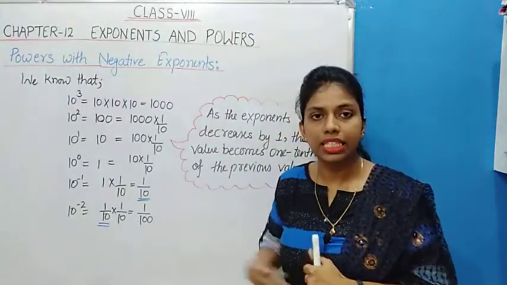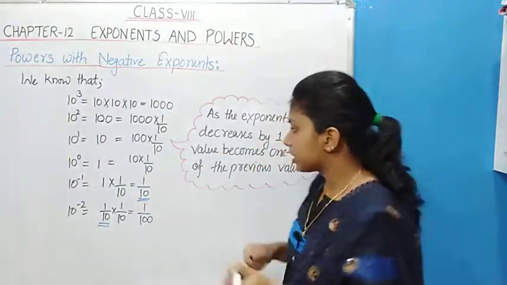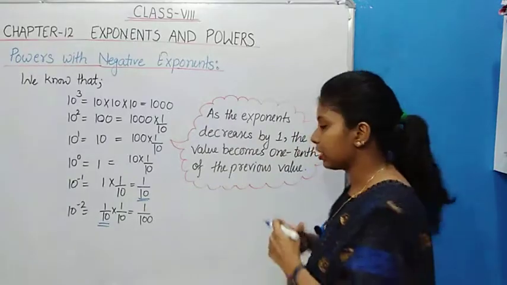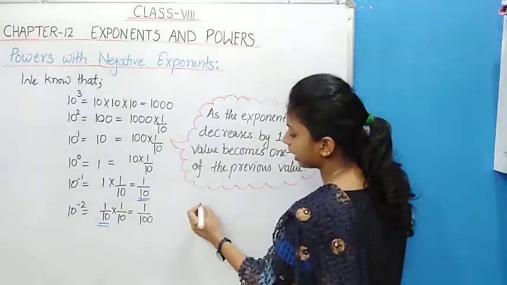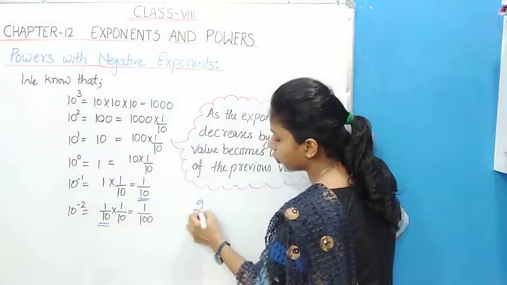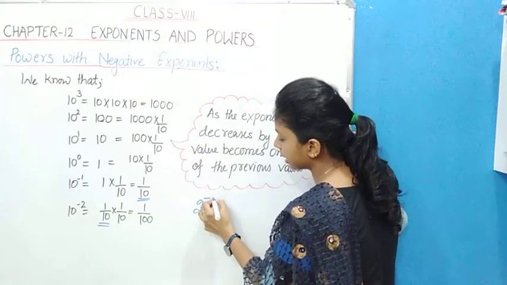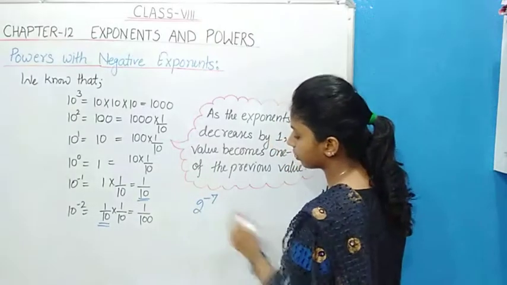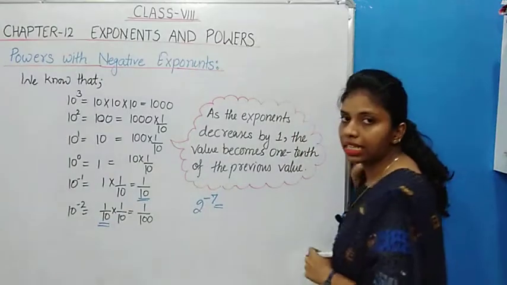We can see this with another example. Suppose I am taking a number like 2 raised to power minus 7.